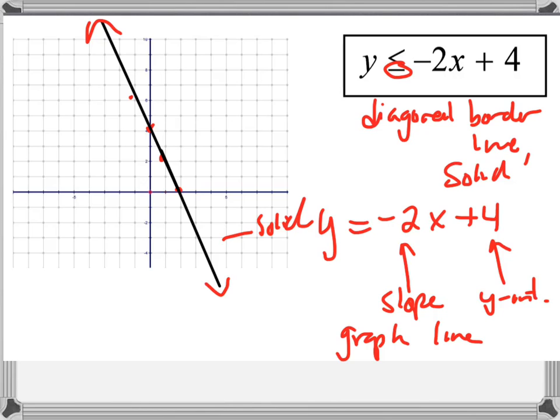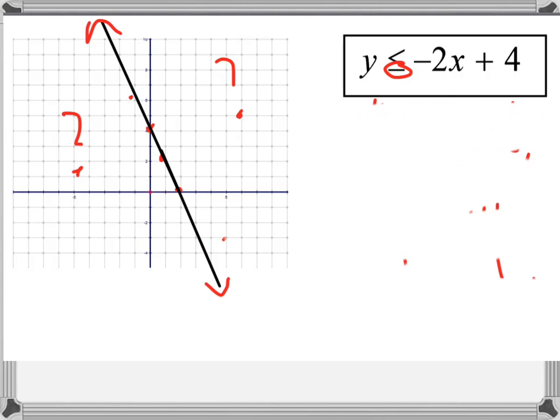Now I don't know which to shade. Do I shade here or do I shade here? Okay, so I'm going to make a test case. I'm just going to pick one of the coordinates in one of the half planes. So let me pick this one. This one has a coordinate of 3, 3.